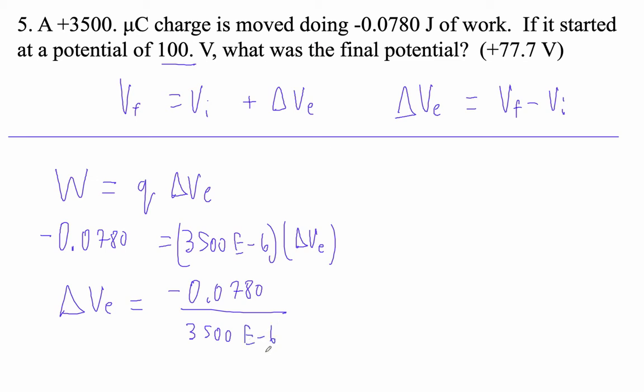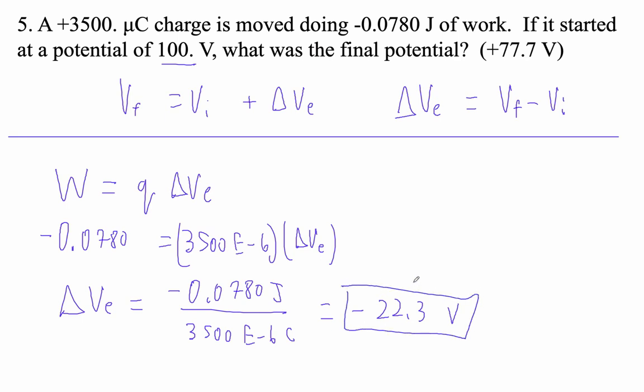Okay, so negative 0.078 in the numerator, 3,500 E minus 6 in the denominator. And I'm getting that the change in potential is down 22.3 volts, right? Because this is joules, that's coulombs. Joules per coulomb is volts, okay?